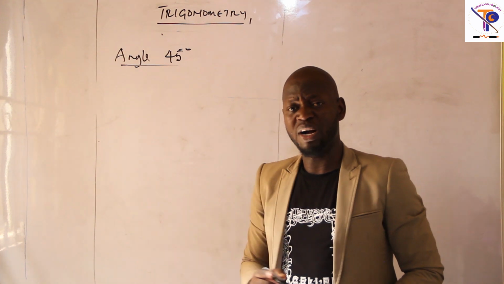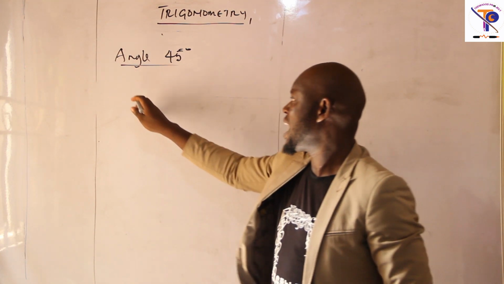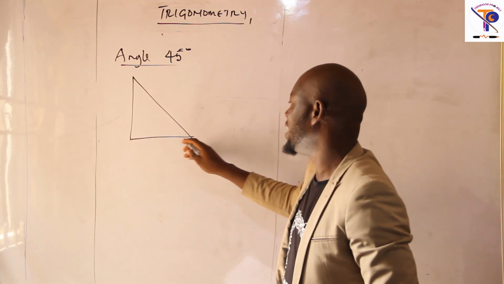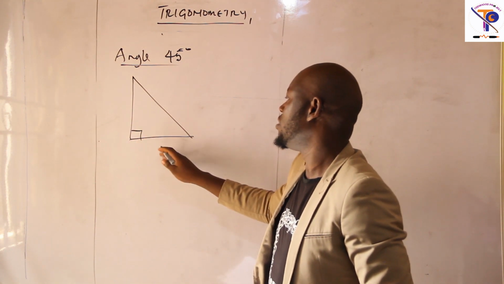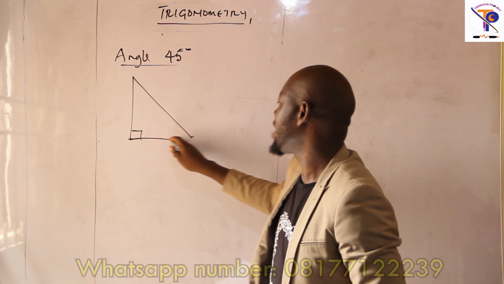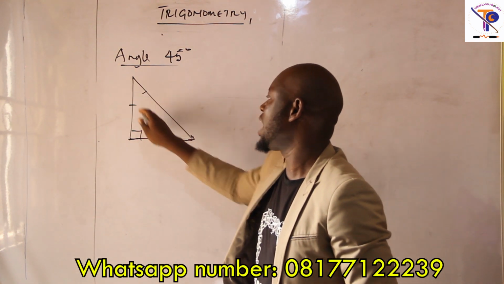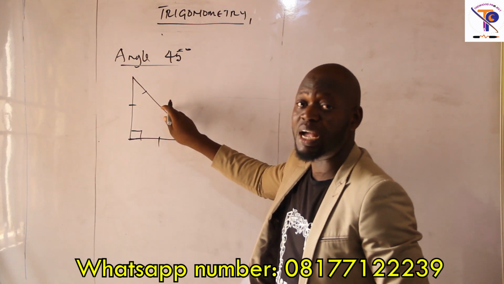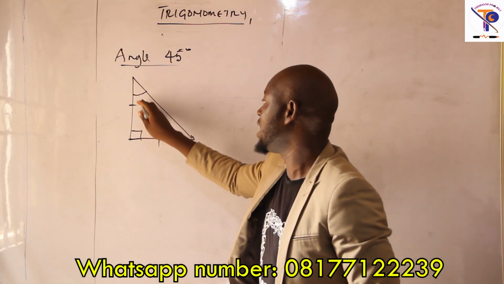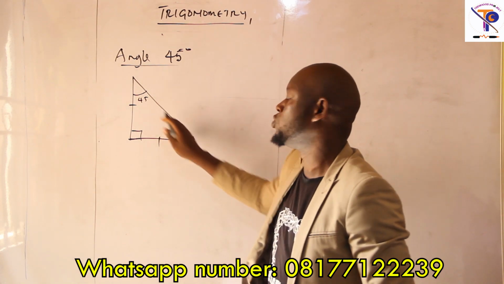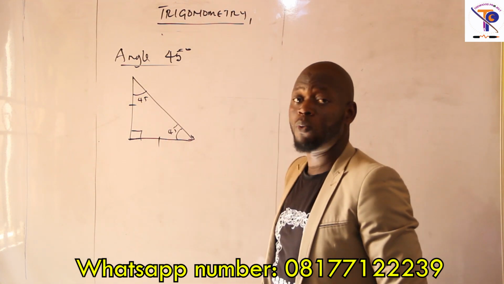I said it in one of our classes. So if I have a right angle triangle that is as well an isosceles, that means I will have this side and this side to be equal. So far this is the hypotenuse, then I will definitely have 45 degrees. That is the base angles being equal, so the sum will be 180 degrees.